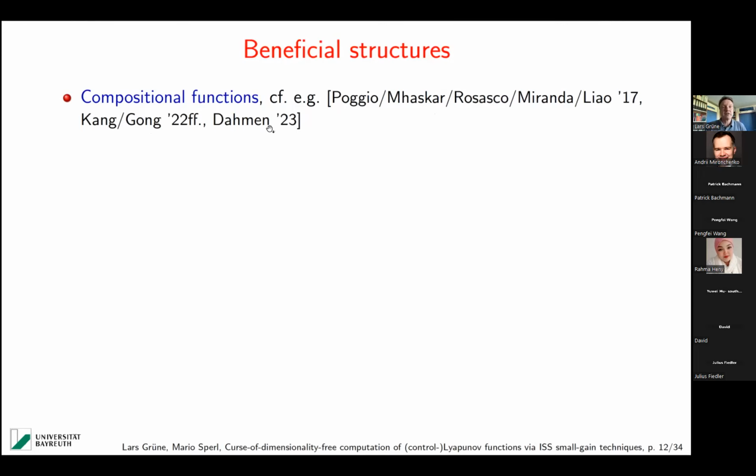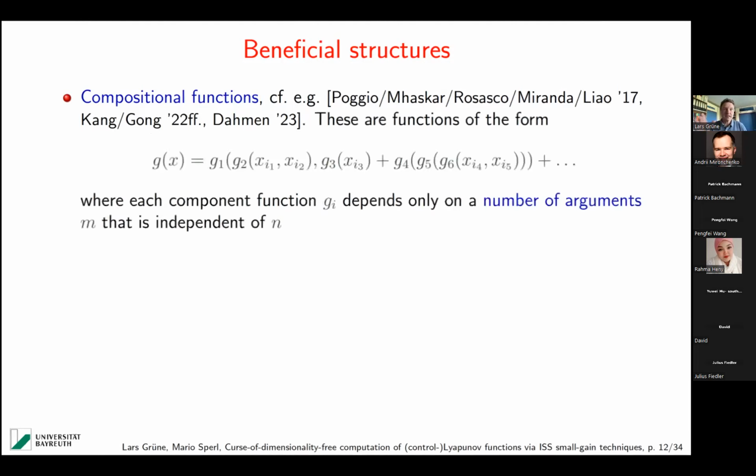And there's also a very recent paper of Wolfgang Dahmen, who investigates this as a general approximation architecture. What are these functions? These are nested functions, which are all low dimensional, but due to their nesting structure, they get a certain complexity. Each function should be low dimensional, but you can have many of them, and you can have them nested in this way.